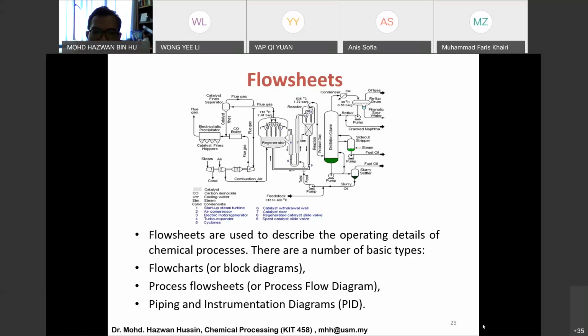The difference is that for a process flow diagram, you will see the symbols, like pump, reactor, compressor, heat exchanger, condenser, and so on. But for PID it is different.